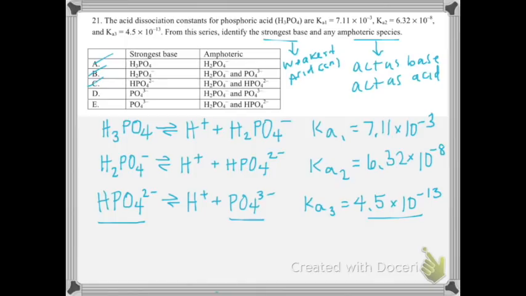And so when I look at these, I see that this could pick up this proton and act as a base to form the H3PO4, or it could do the reaction below and give up a proton. So I'd say that H2PO4- is amphoteric. And then I'd say the same thing for HPO4 2-.